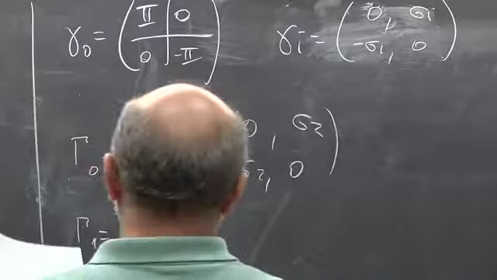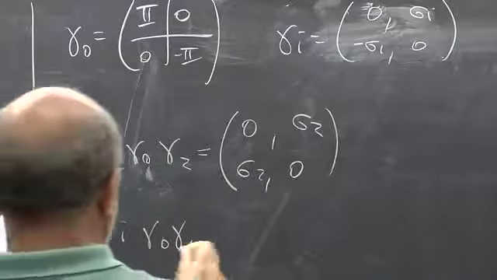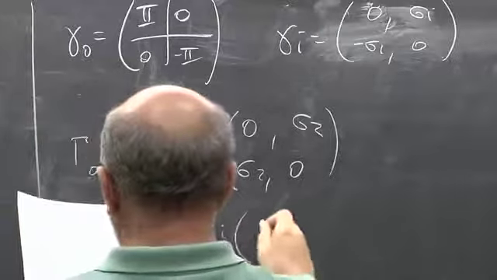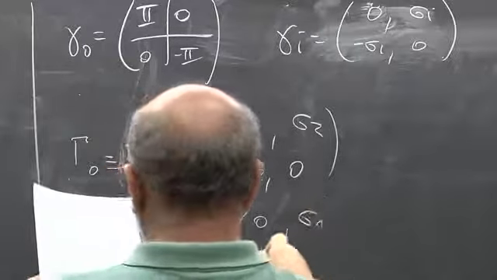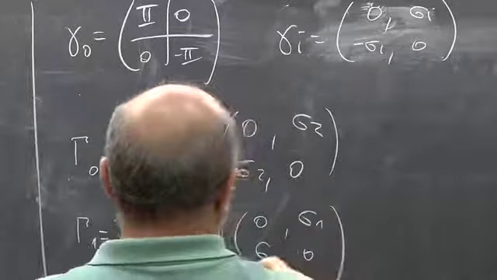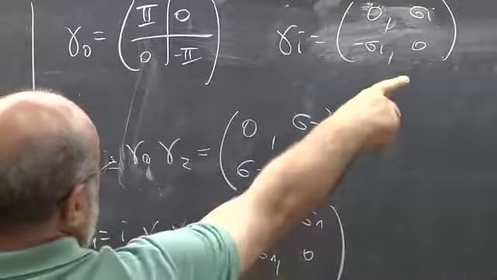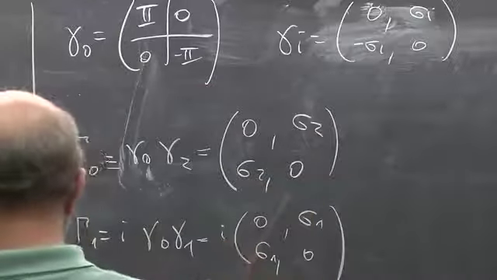Okay, let's take the gamma 1. The gamma 1 is defined in this manner and is I, 0, sigma 1, 0. Also it is purely imaginary because sigma 1 has that form, but there is an I in front.